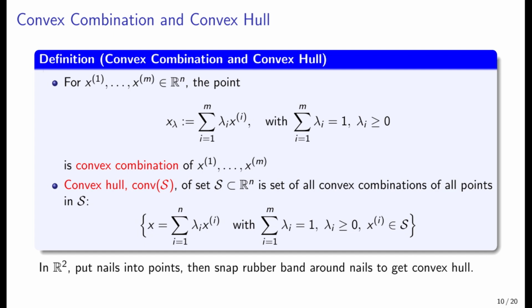And I form this new vector, x lambda there. That's just the summation of these other points, xi, weighted by lambda i. And the convex hull is defined as all the points that I can generate with any such lambda that's non-negative.